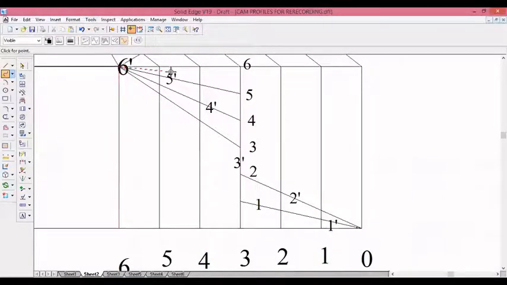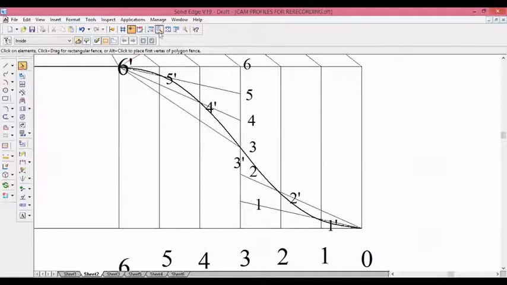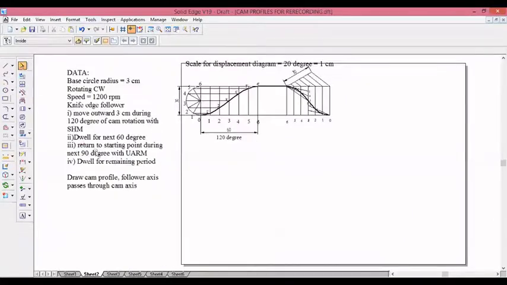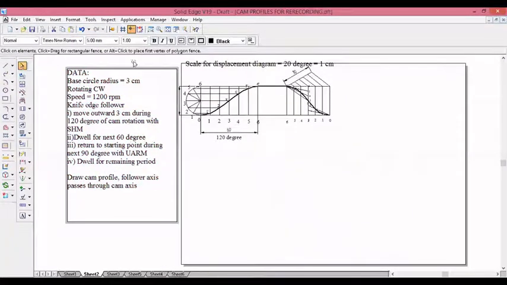Join a smooth curve. 4, 3, 2 dash, 1 dash and 0. So this is the return stroke now. Then the last is dwell for the remaining period.